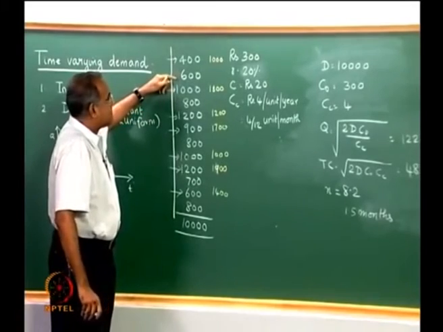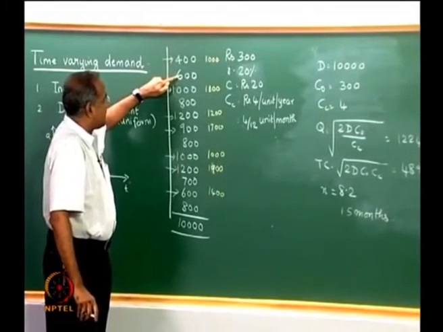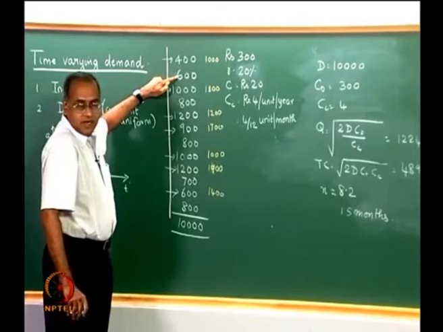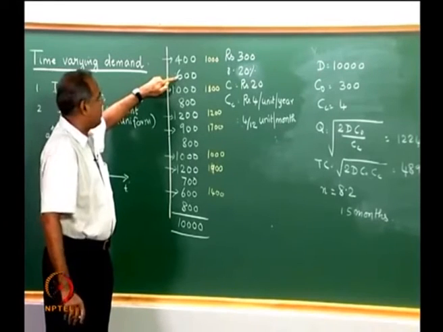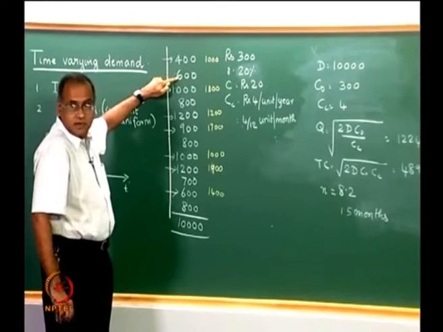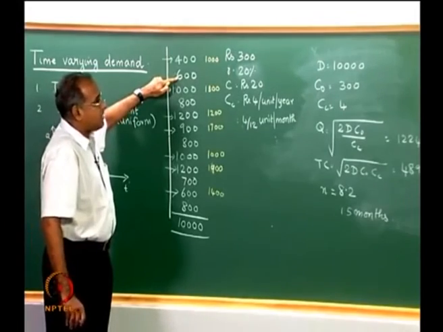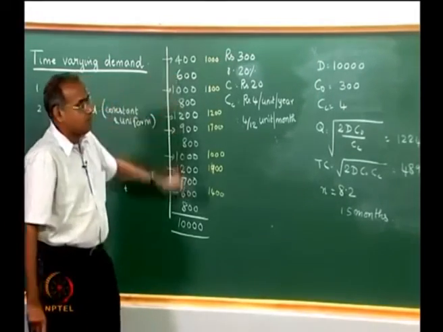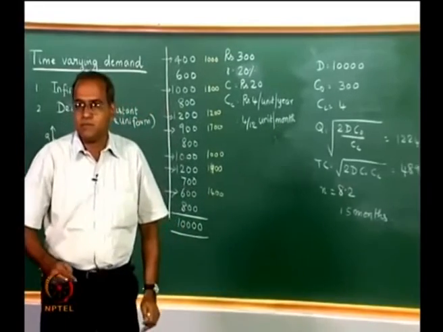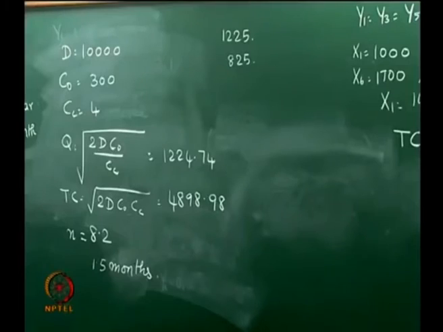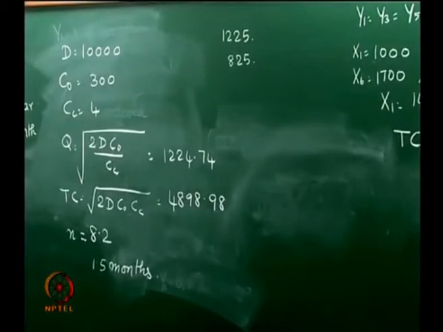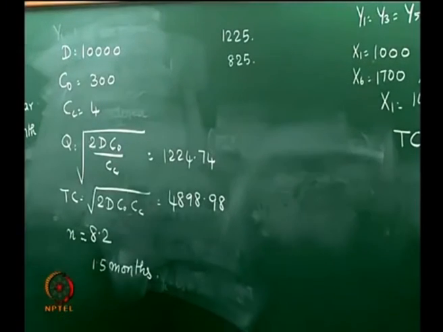So the second month's 600 we can actually meet, but somewhere in between we will get the 1225 that comes in. So at the end of it we will have 225 plus 1225, which is 1500.